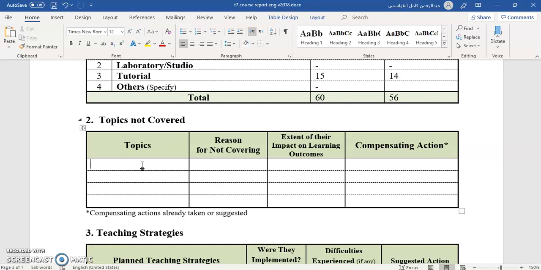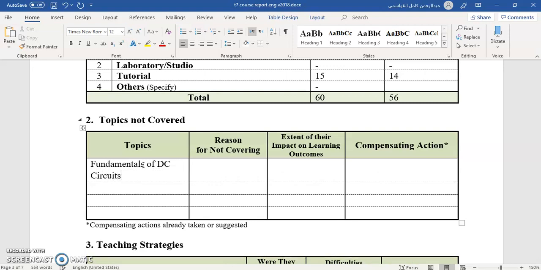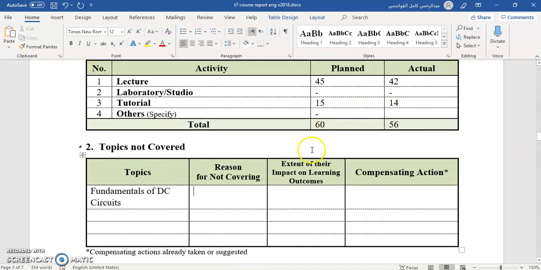But for some reasons, you didn't cover one topic, for example, fundamentals of DC circuits. You have to write the reason for not covering this topic, because of time or because of other reasons. As you see, there is 1 week that was not given, right?